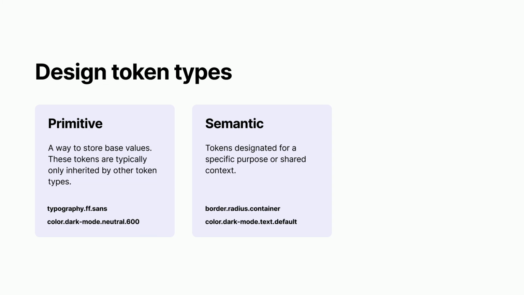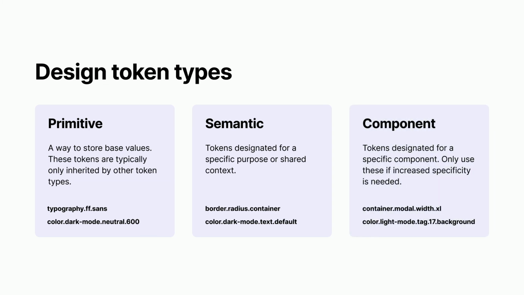And so anytime you have a container, which would be like a card, a modal, a drop down, and like a menu button, those are all container in our system, and those all get the same radius value. You'll probably have a separate one called border radius input. So any sort of inputs, like text field selects, they'll have a slightly smaller one, and it'll be a different value. So these are semantic. They're not named for value. They're named for usage. And then the third category is component specific.